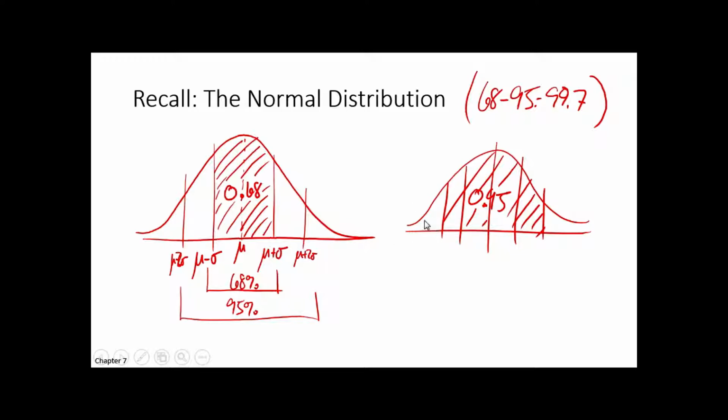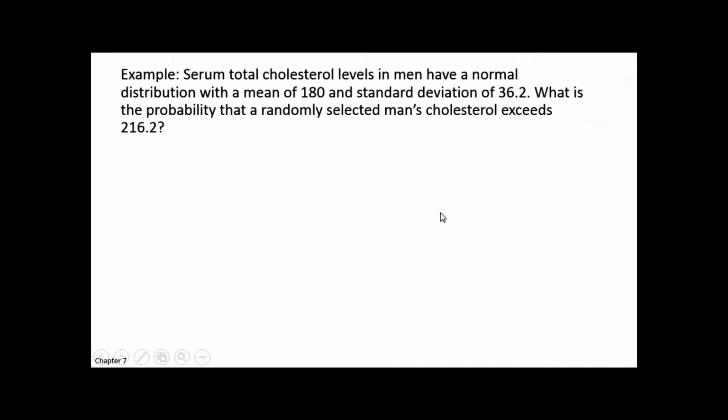I'll give you a brief reminder of how we use that. So here's an example. If you look at serum total cholesterol levels, they take on about a normal distribution. The mean is 180. The standard deviation is 36.2. So what's the probability that if you randomly select a male, his cholesterol exceeds 216.2?